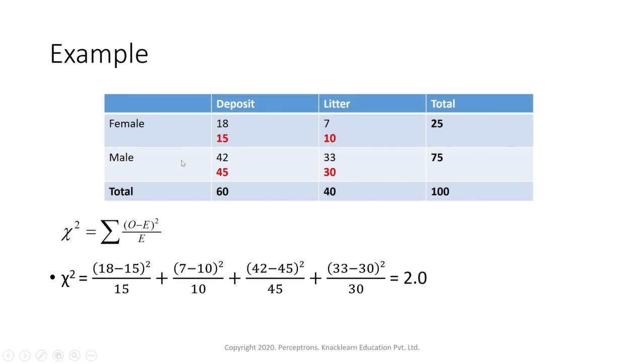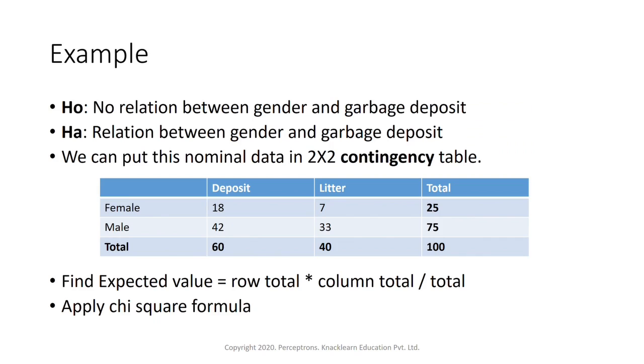For the first one, which is 18, we take the row total, which is 25. How did we get this 15? 15 is the expected value here. We know the expected value formula is row total into column total divided by the grand total.